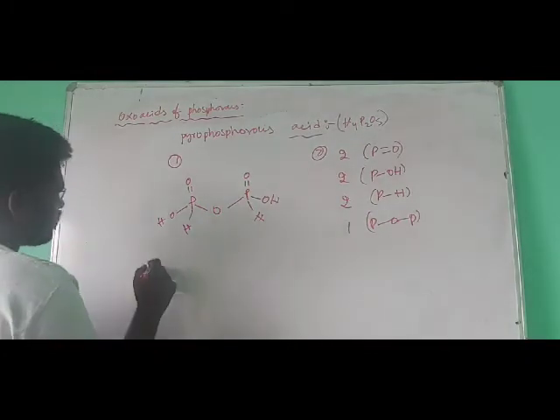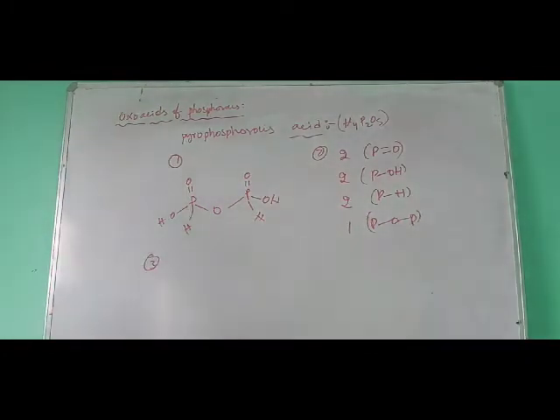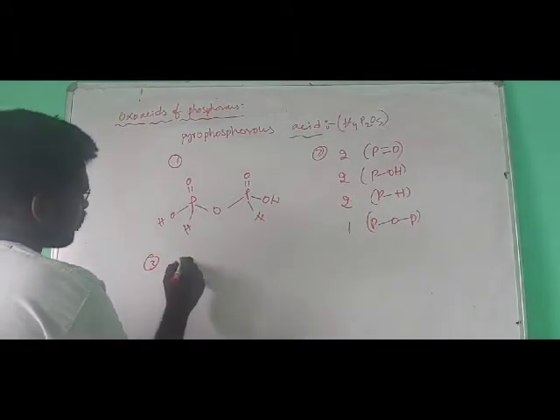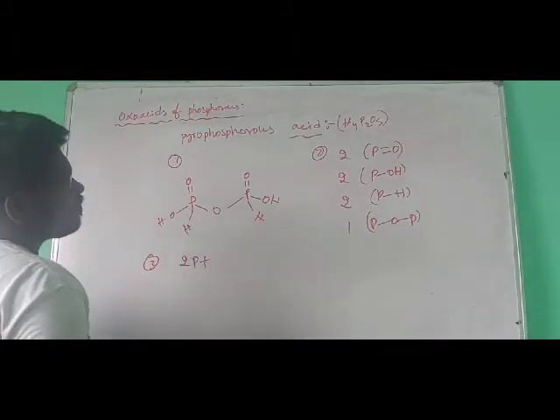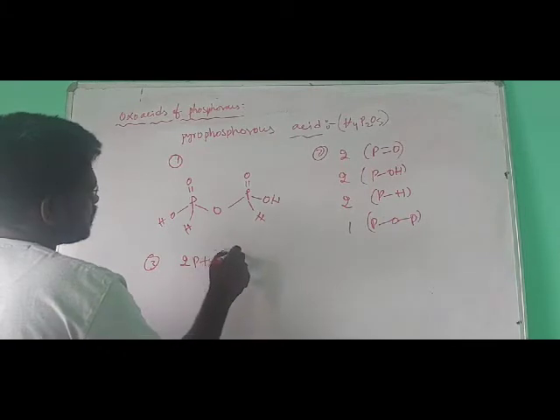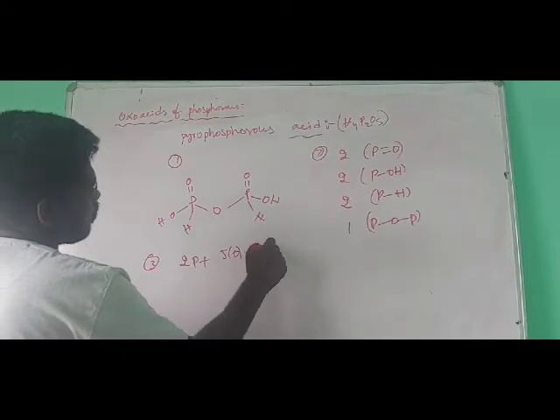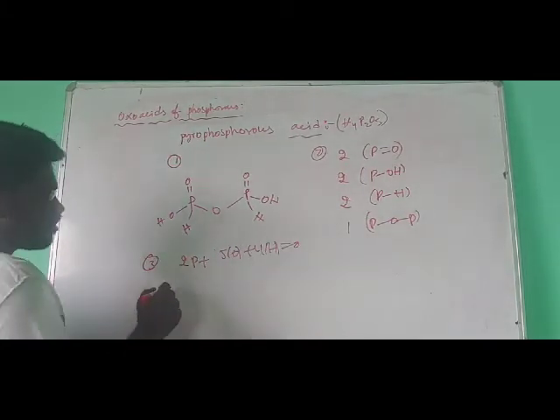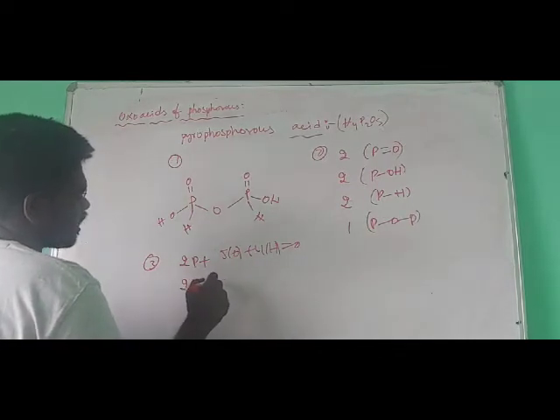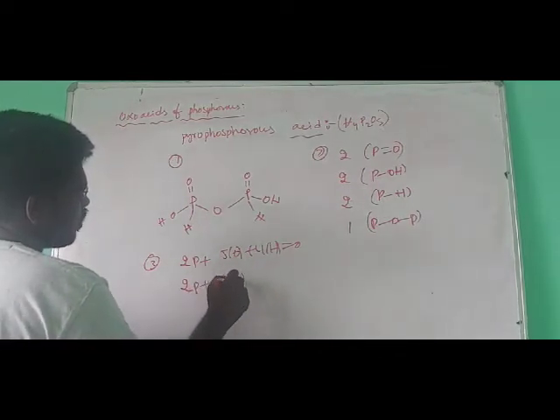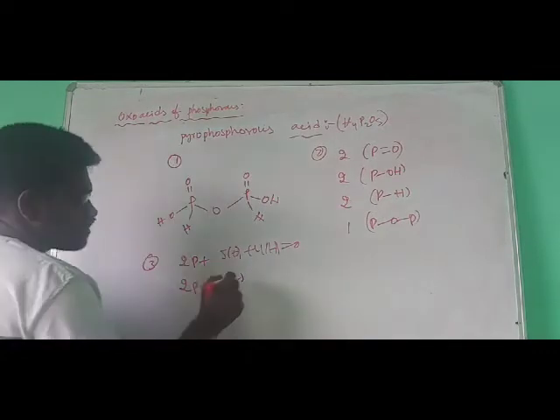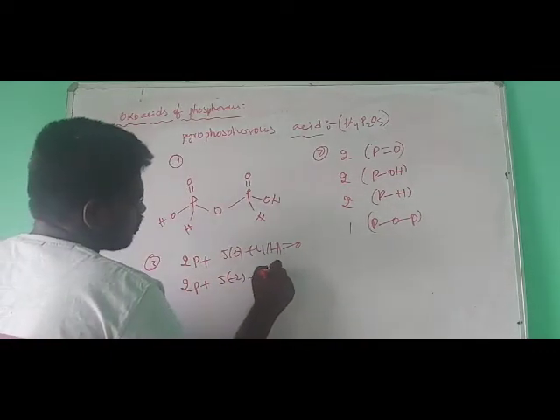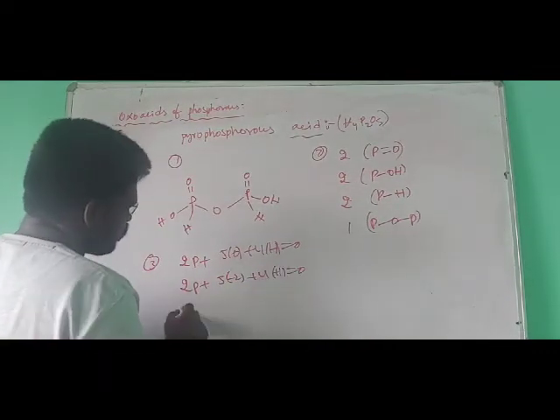And the next one, third one, oxidation state on each phosphorus atom. In this one we have 2 phosphorus atoms, 5 oxygen atoms and 4 hydrogen atoms. Overall charge equals 0. So 2 phosphorus atoms plus 5 into oxidation state -2 plus hydrogen oxidation state +1 equals 0.